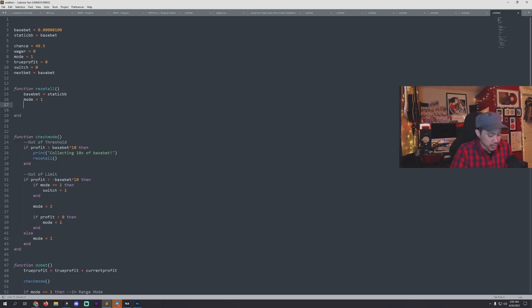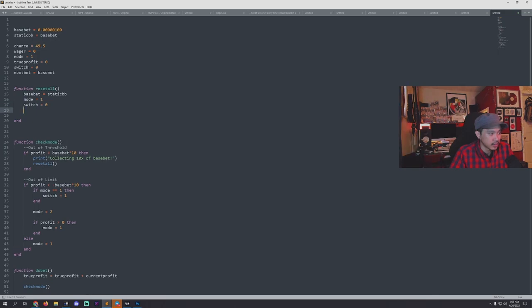We can put switch back to 0 in case it's not at 0. True profit, wager, we want to keep the wager, so we're not going to reset that. And then our next bet will be our base bet, right? When we reset all.